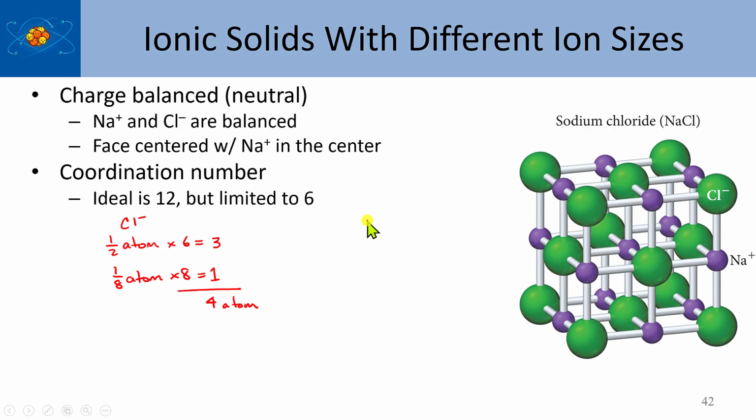Now we have to count the sodiums, and so we actually have to do a little bit of extra thinking about this because we haven't talked about edge atoms yet. But if you think about it, you're looking at an edge, let's say from the top, it would look like a cross, and the atom is like this. So this represents 1/4 of an atom. So these guys, for example, represent 1/4 of an atom in the unit cell.